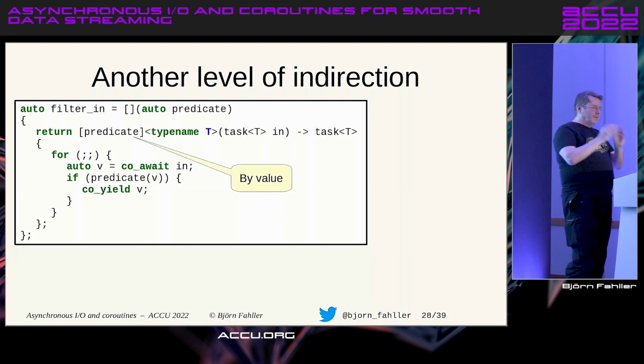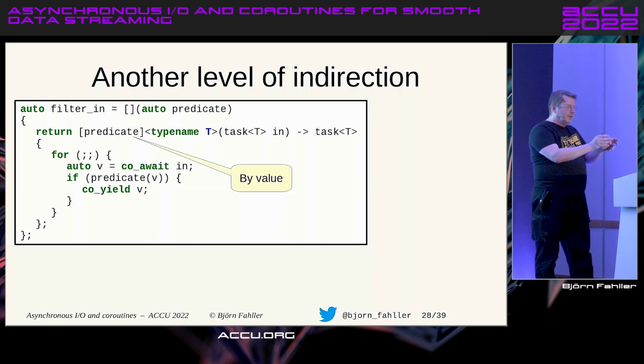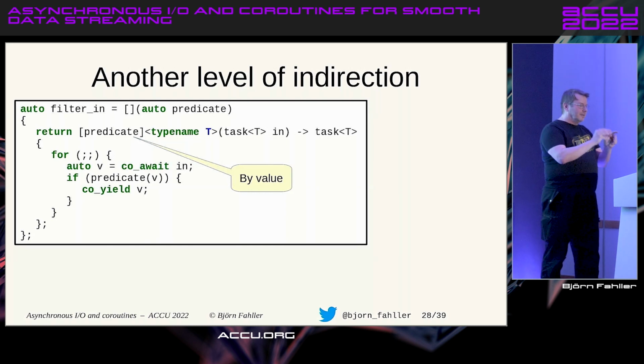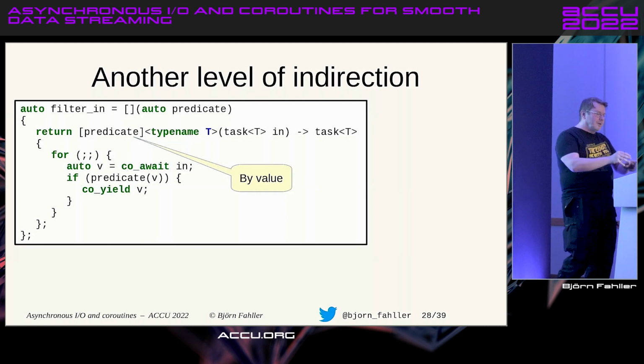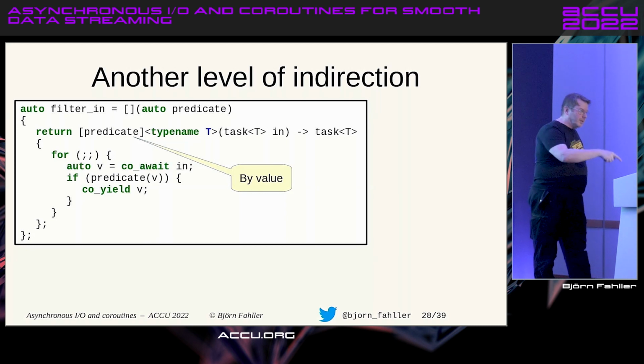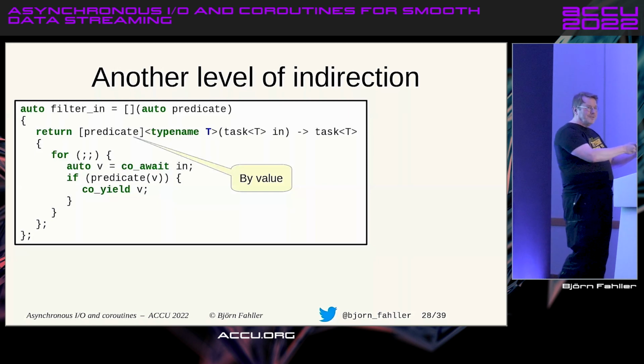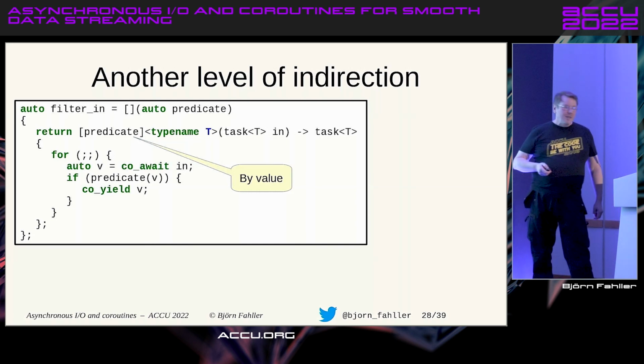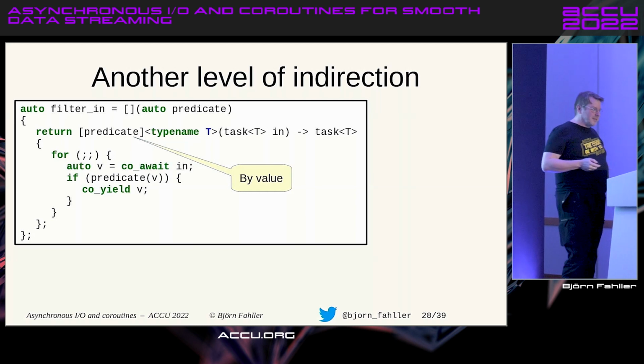The lambda itself is an object with its member functions, and now the return value from the lambda is a coroutine object that lives on the heap and calls this code in the lambda, which expects the lambda object to be alive also. If you have moved one of these, bad things will happen. So I think that's where the misunderstanding comes from.